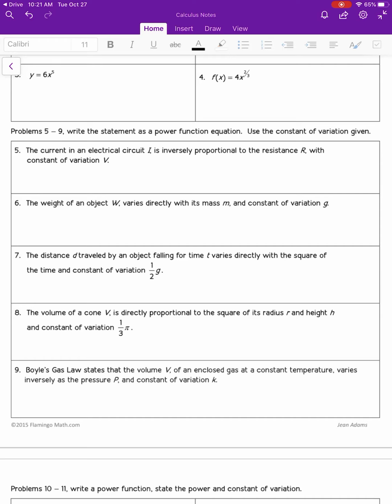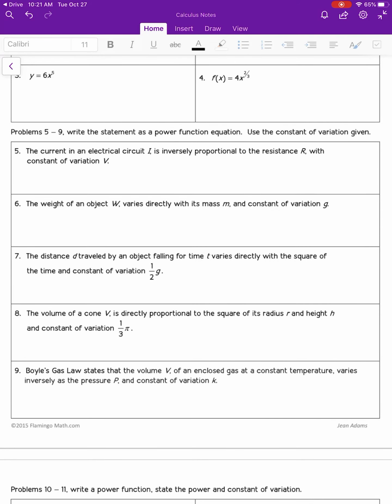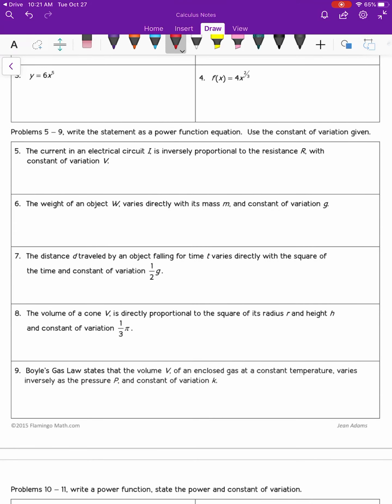Remember how I said that your constant will always be in the numerator? But for direct variation, not only will your constant be in the numerator, so will what is being directly varied. So this is direct variation: y varies directly as x.